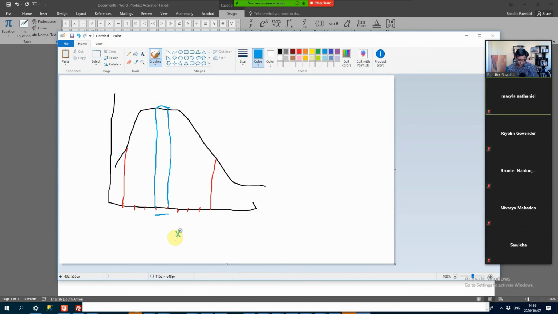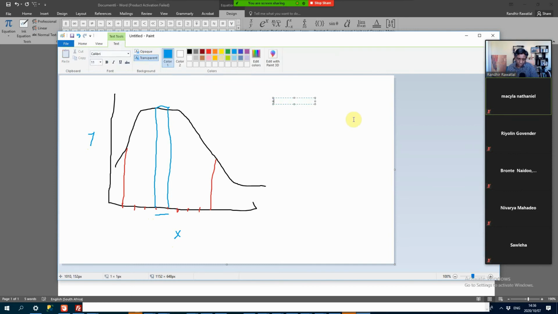So let's say this is x and this is y. Then, I don't know if I can write too easily here. So clearly there's a delta x, so let's just say dx. So there's a dx equals x sub i plus 1 minus x sub i.